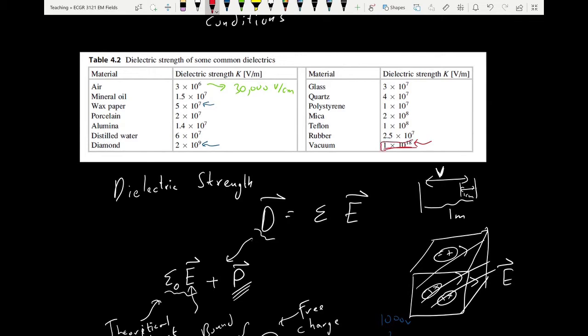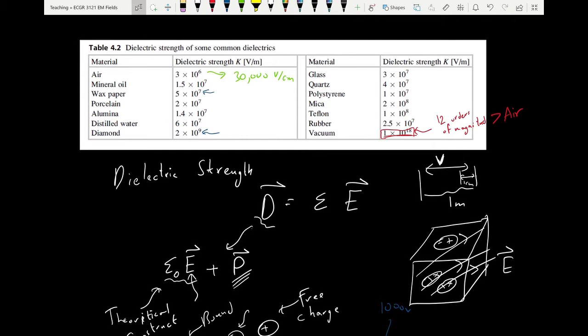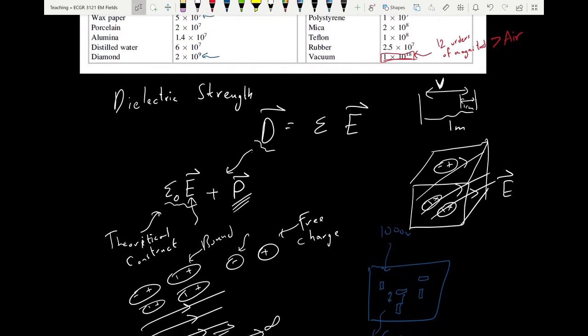It has a very large, finite value. It's 18 minus 6, so it's 12 orders of magnitude larger than air. That's really tremendous, right? Each order of magnitude is multiplication by 10.